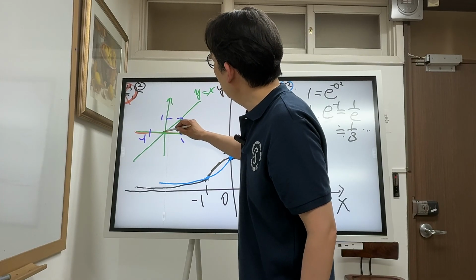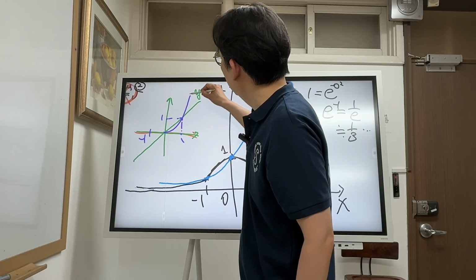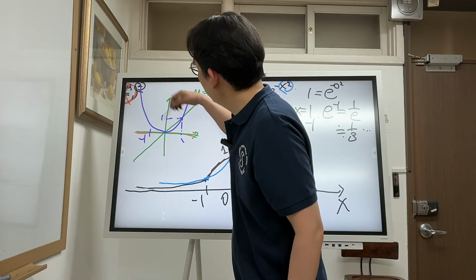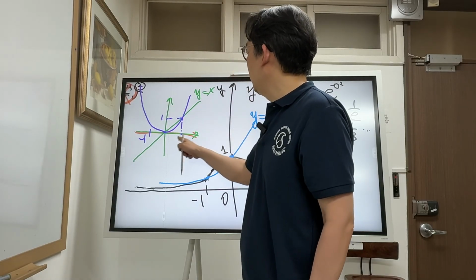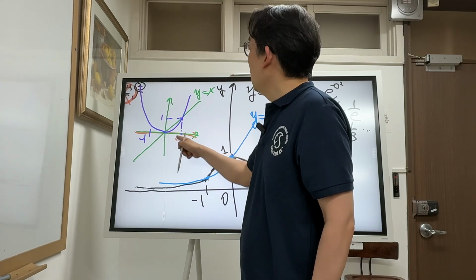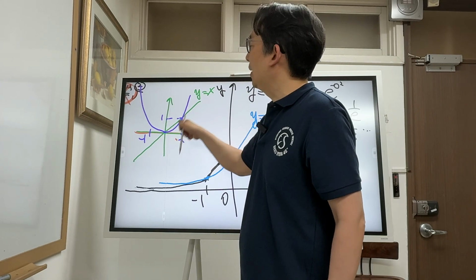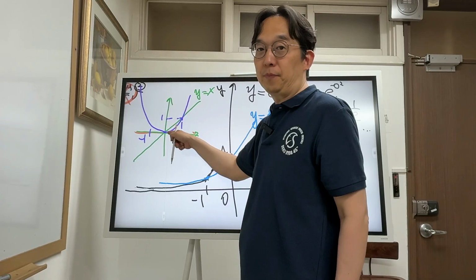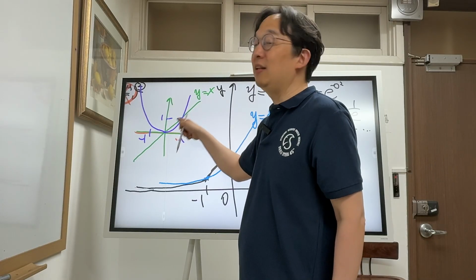Over this interval, the purple parabola is closer to 1 than the green line.